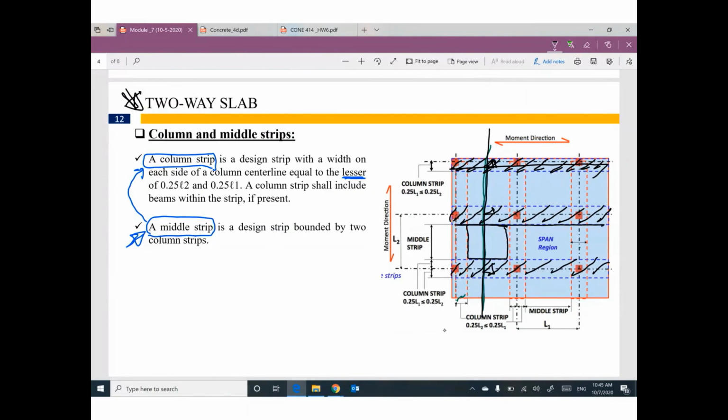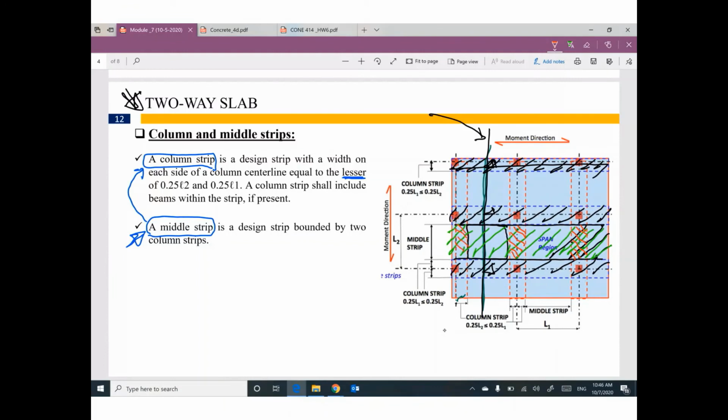Guys, remember, your strip is not a line. I'm trying to assume it is a line to make it look like a beam, but it's not a line. Your strip has a width. The whole width, this width, is supported here by this strip and this strip and this strip.